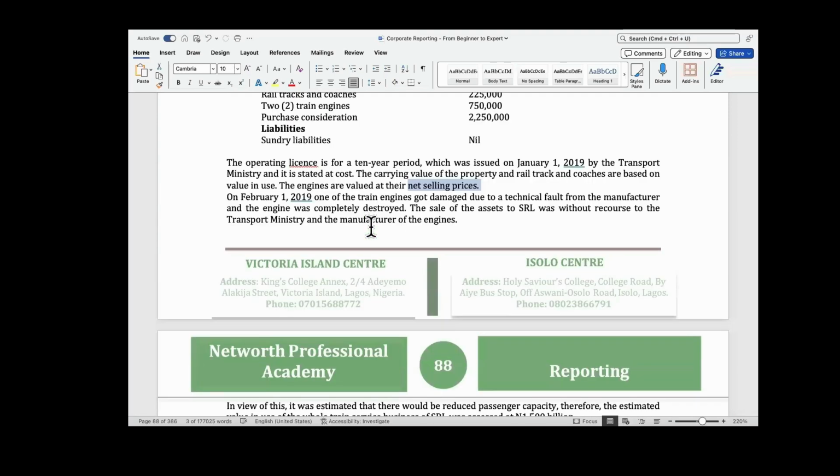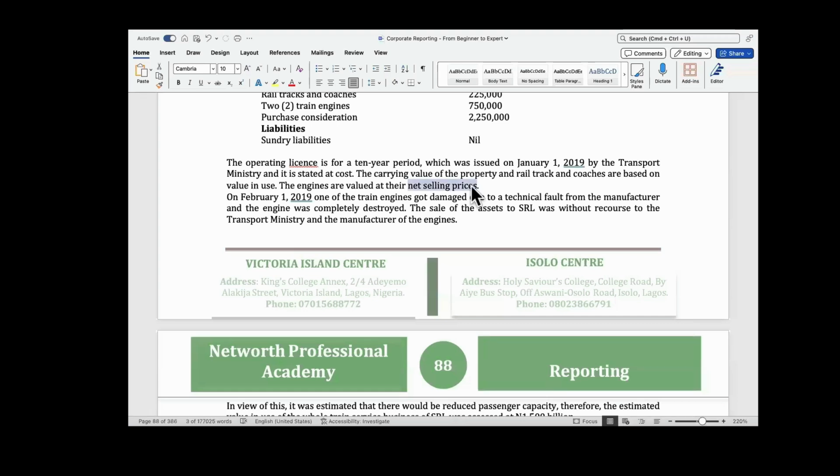The reason is that they said the engines are valued at their net selling prices, and the essence of impairing is to ensure the carrying amount is at its recoverable amount, which is the higher of value in use and fair value or selling price.